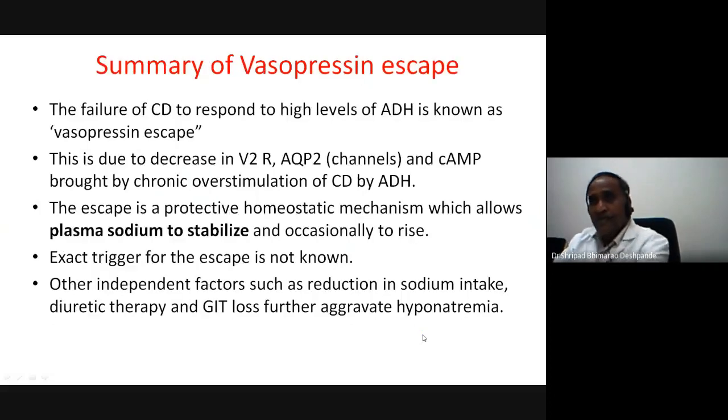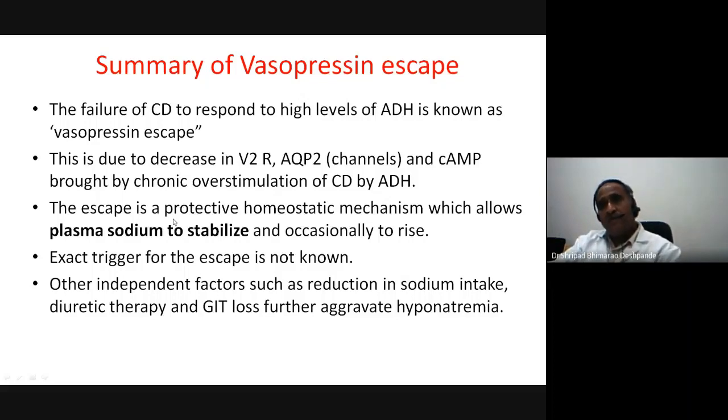Now, to summarize, the vasopressin escape is the failure of the collecting duct to respond to the high levels of ADH, and it is due to decreased or downregulated V2 receptors, aquaporin 2 channels, or signaling molecules related to cyclic AMP, brought about by chronic overstimulation of the collecting duct by ADH and subsequent effects.